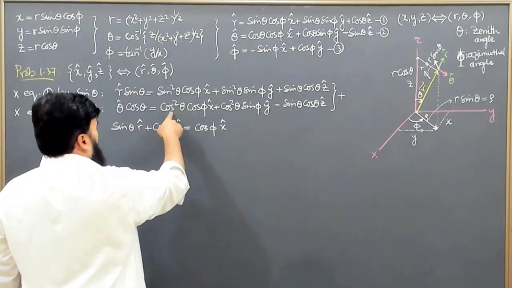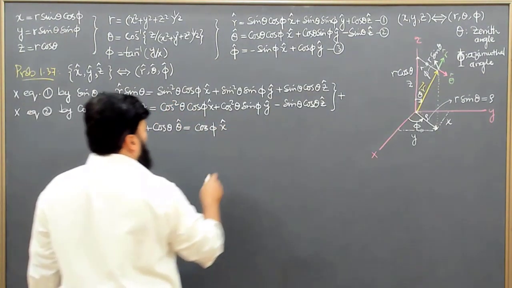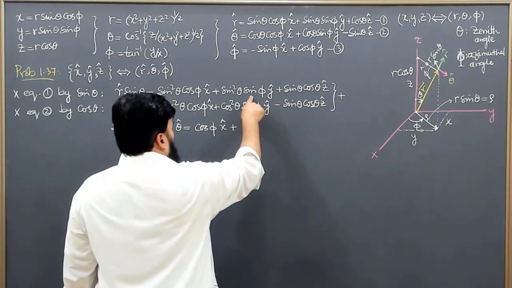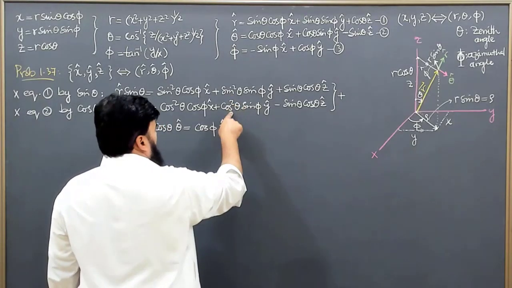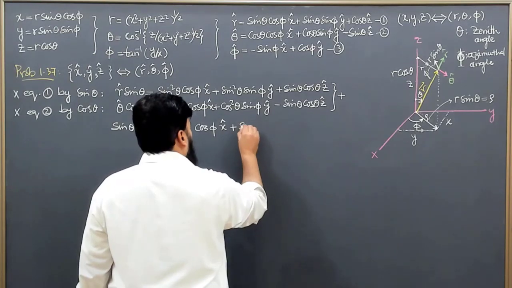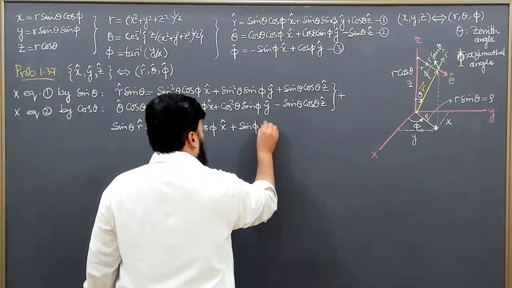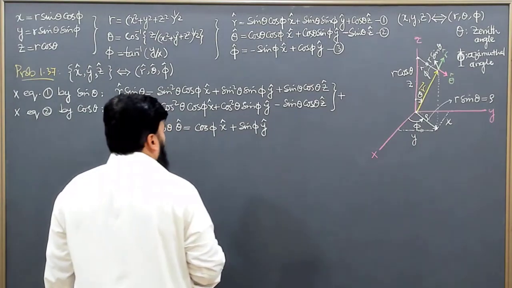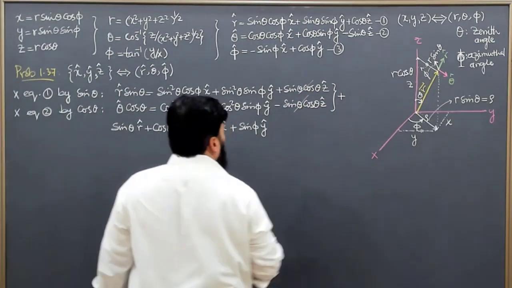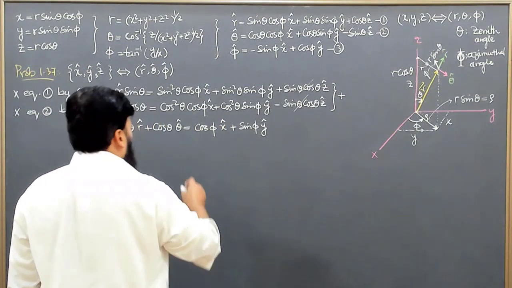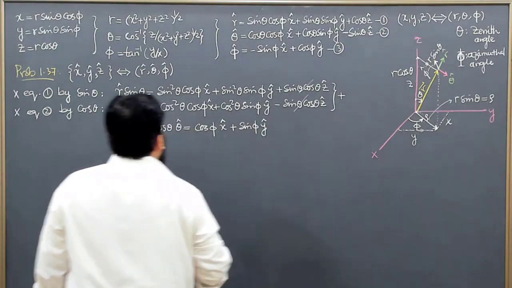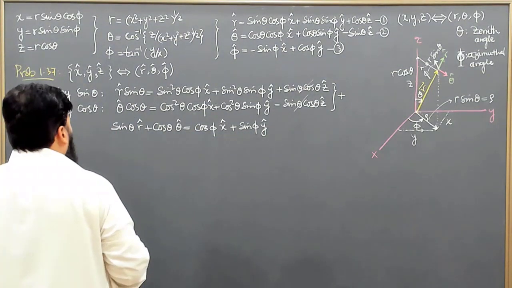And if I take sine phi as common, then sine square theta plus cos square theta again comes out to be 1, so I write sine phi y unit vector. And what about these two? They cancel here. So we got only cos phi x unit vector plus sine phi y unit vector.